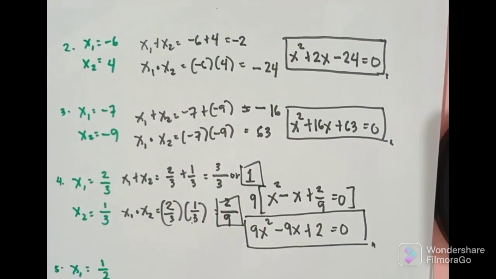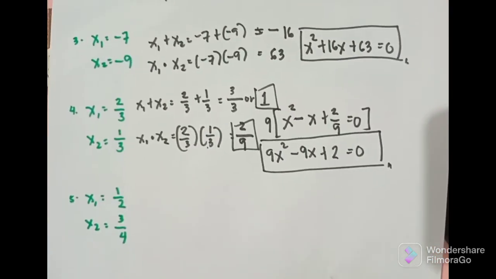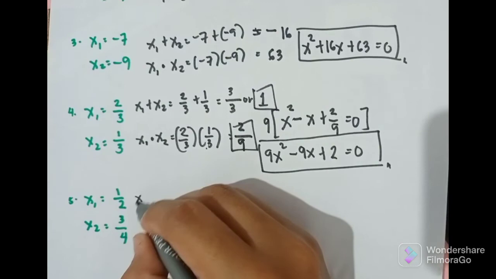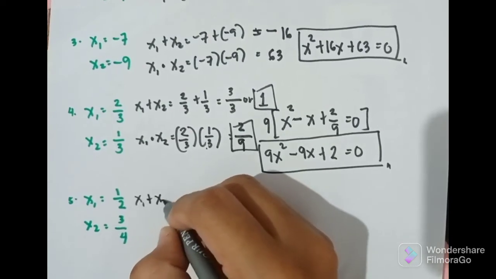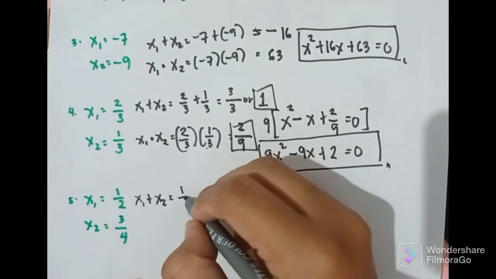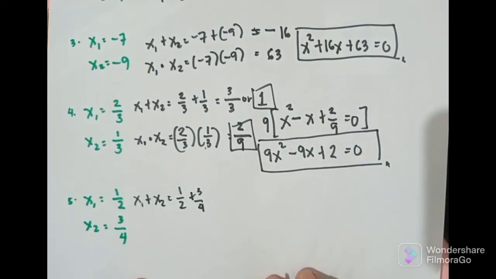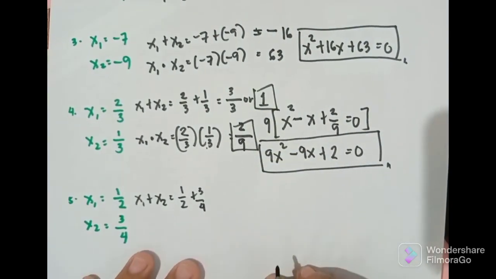Okay, last. So, we have x sub 1 is 1/2 and x sub 2 is 3/4. So, eto, similar or dissimilar? So, we have dissimilar fraction. So, we have x sub 1 plus x sub 2 is equal to 1/2 plus 3 over 4. Okay, so paano natin yan i-add? Dissimilar. So, hanapin natin yung LCD.